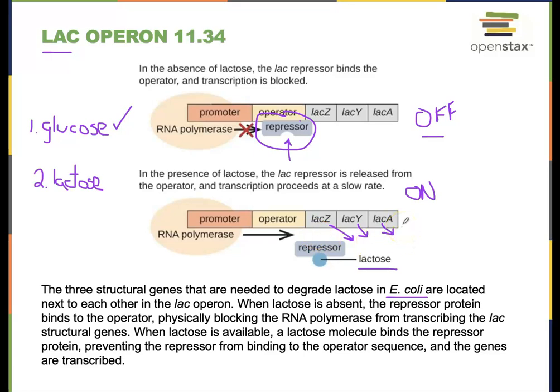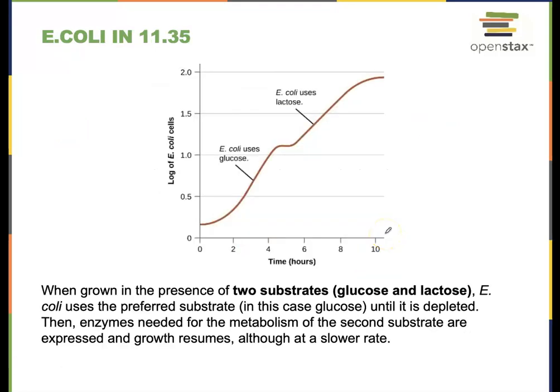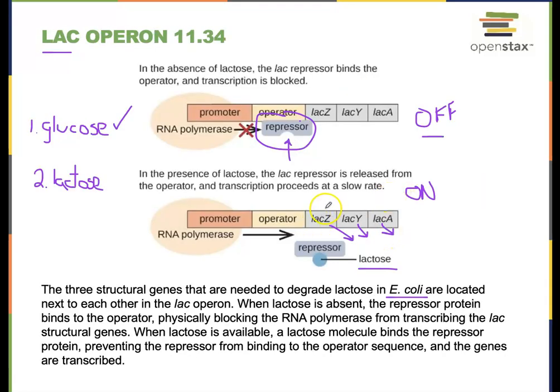So one of them is going to be called beta-galactosidase. It's written in your book, beta-galactosidase. It's a long one. It's an enzyme, and what beta-galactosidase does is break lactose down.